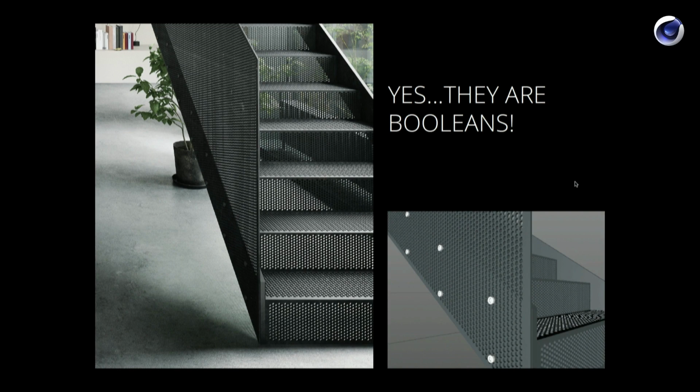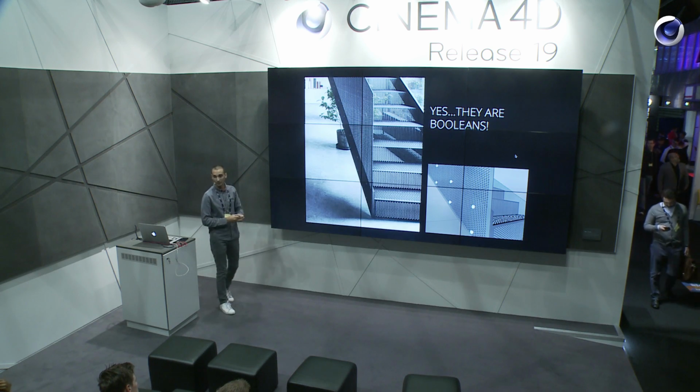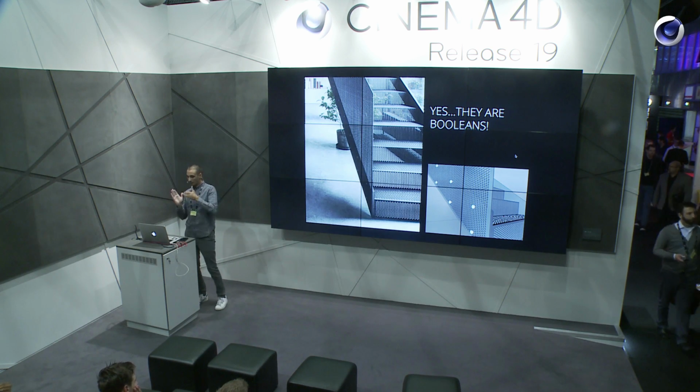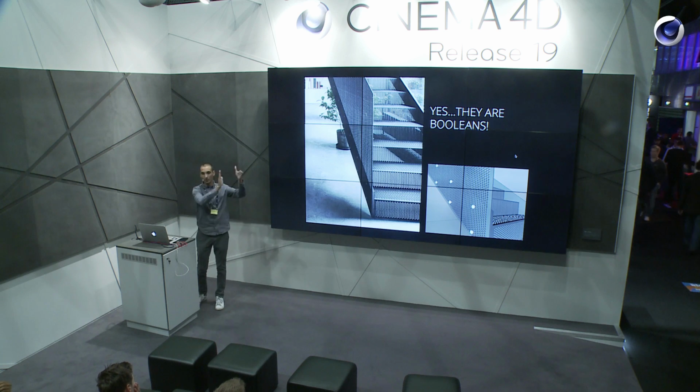For example, yes, they are Booleans. This stair is one of the most difficult parts in this scene because it has about 8 million polygons. To do this, we use MoGraph, of course, because we couldn't do all these Booleans in one operation. It's impossible. So we did a part of the stair, and then we cloned it with MoGraph.